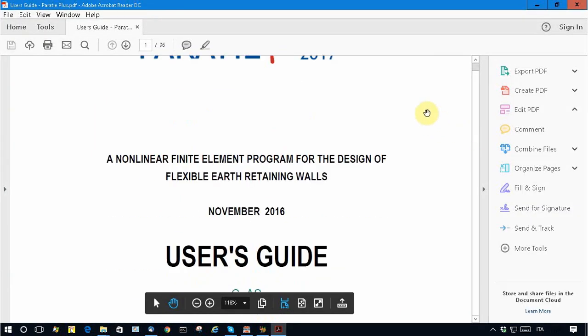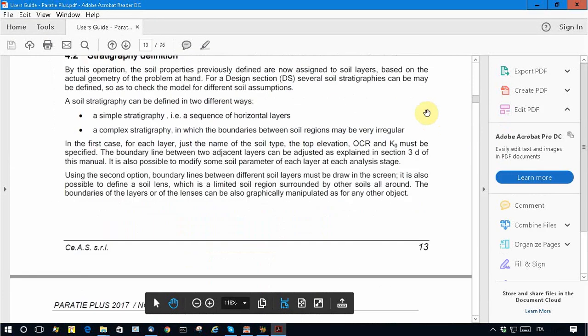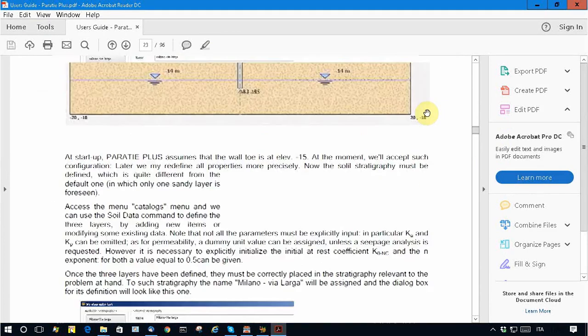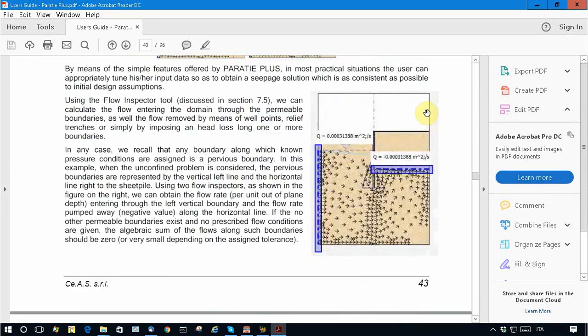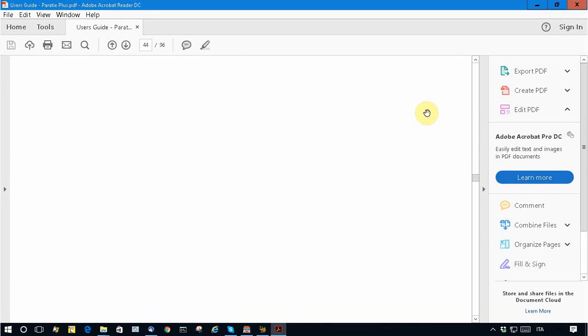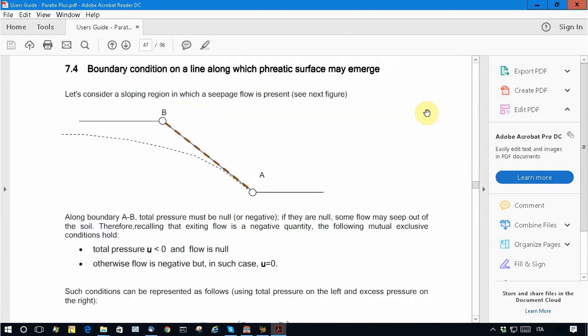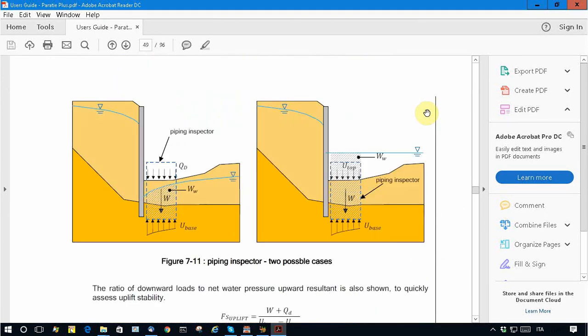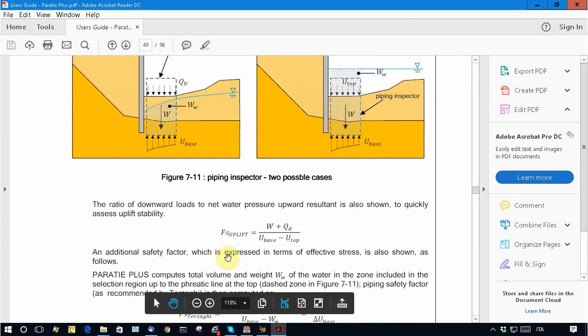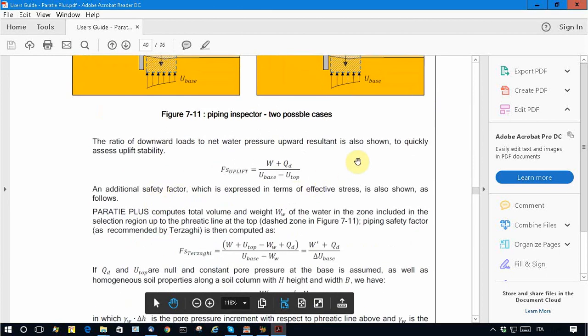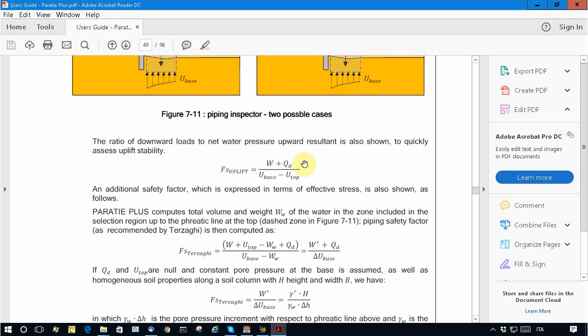Let's take the user guide manual and go to the discussion about the safety factor. As I said, the uplift safety factor is defined as the ratio of the balancing load to the uplift hydraulic force.